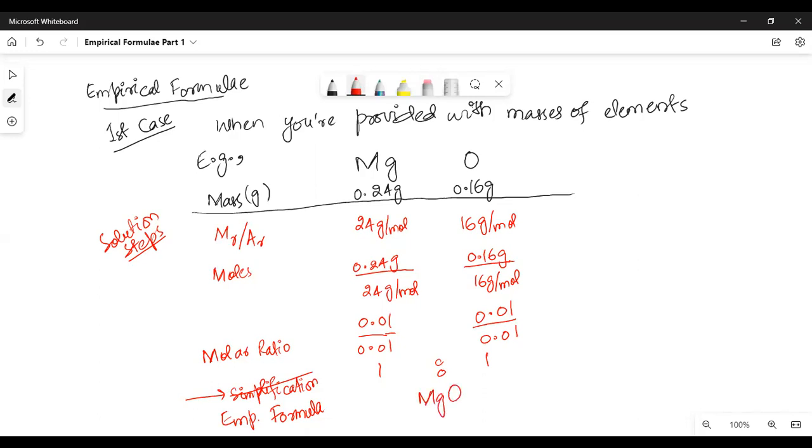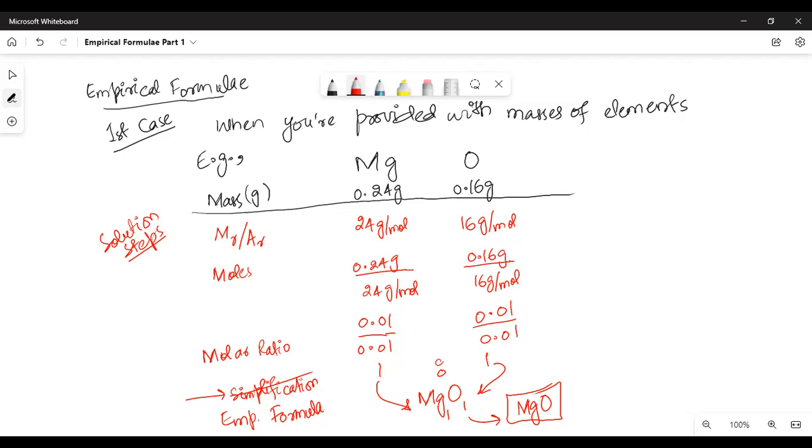Magnesium is 1 and oxygen is 1. And since we don't write 1, it means the empirical formula is MgO. If these numbers were 2, 2 or 3, 3, it would have been simple. We would have written 2, 2 and then simplified them again.